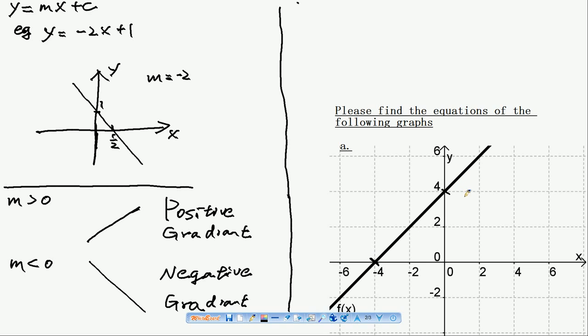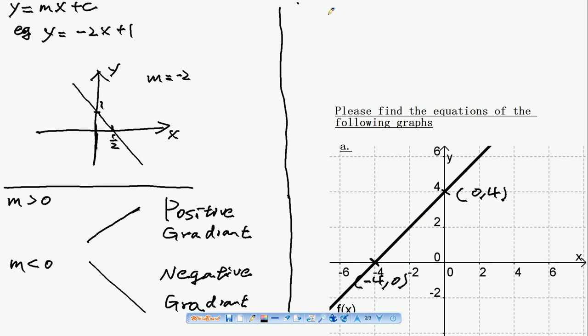The y-intercept has the coordinate 0, 4. The x-intercept has the coordinate minus 4, 0. Okay, there are two ways. So the first step is to find its gradient m.